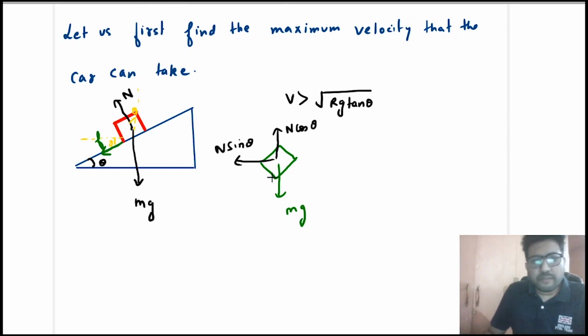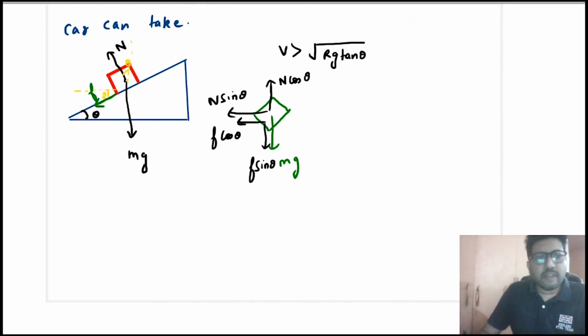Similarly, the component of friction along the vertical will be F sin theta and along the horizontal will be F cos theta. Because we need to find the maximum value of velocity, we will take the friction to be limiting. So what is the value of the limiting friction? The value of the limiting friction is mu N.